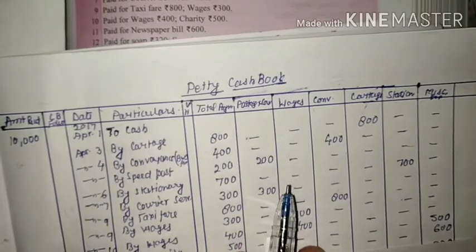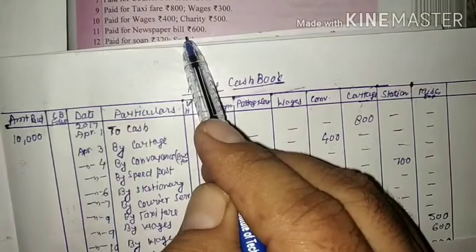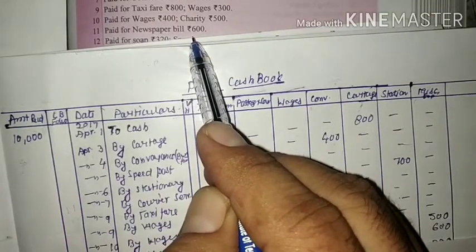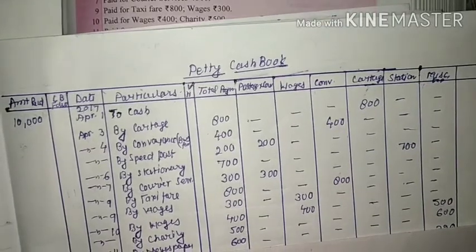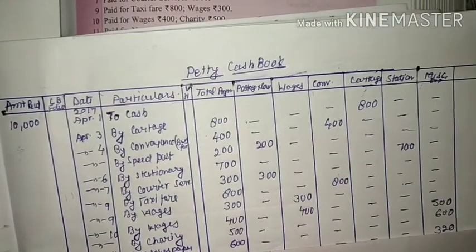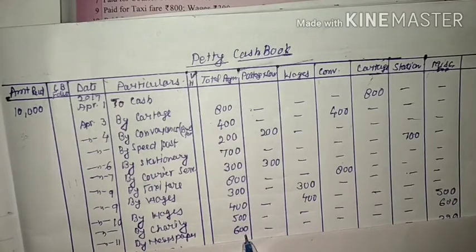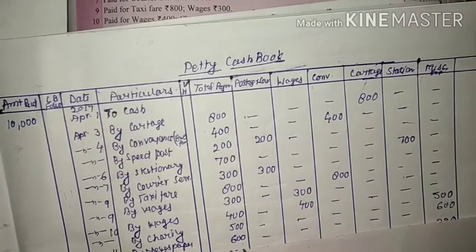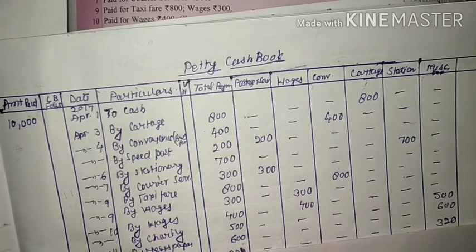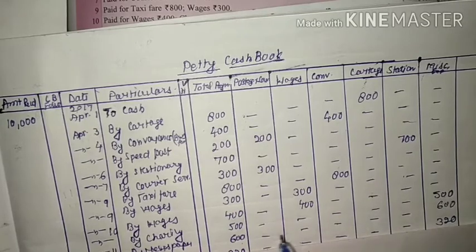Now come to the next one, newspaper. On the 11th, paid for newspaper bill 600 rupees. So here, on the 11th, you can see newspaper 600 rupees is shown. For newspaper also the same thing applies. There is no separate column for newspaper.